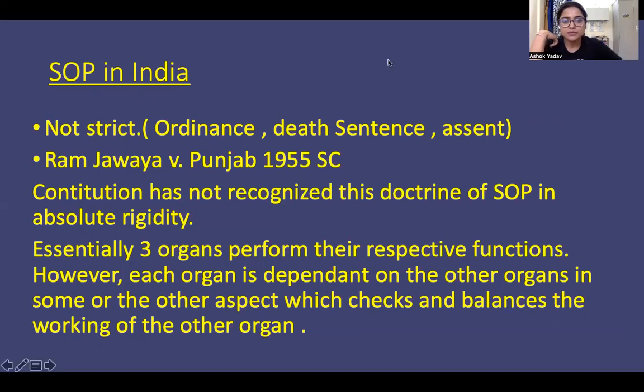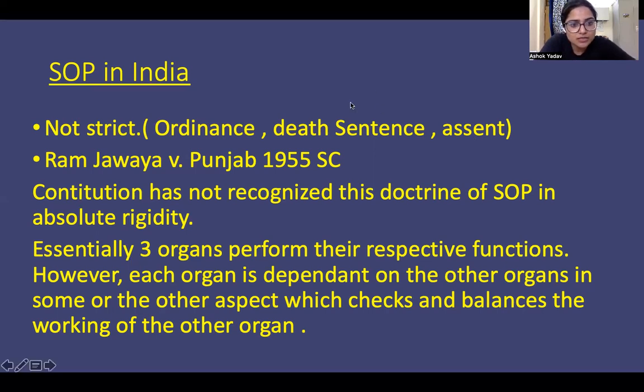And similarly, in the case of death sentence, whenever a death sentence is given, it has to be confirmed by the High Court, right? But in that case also, what you see is that pardoning power has been given to the president, right? And whenever the legislature makes any legislation, it has to take the assent of the president.